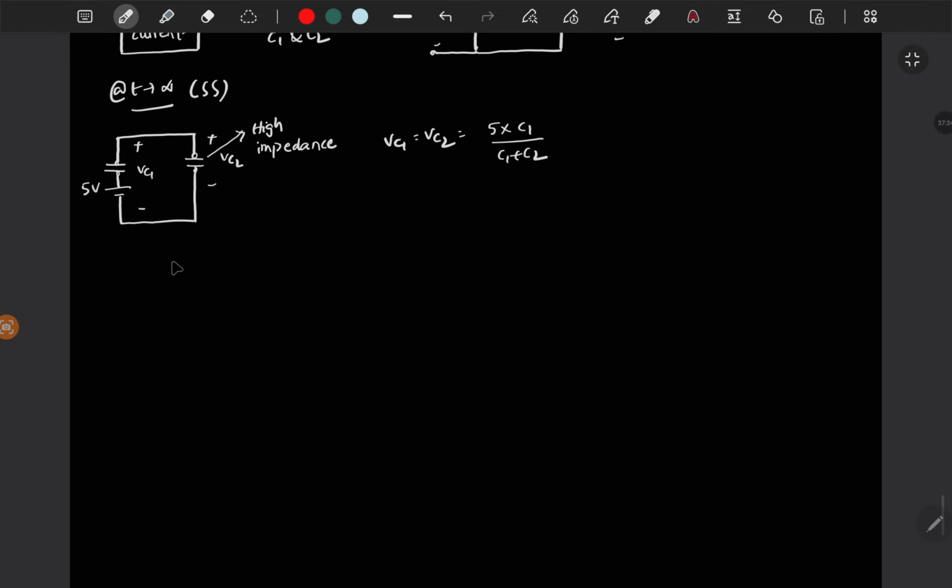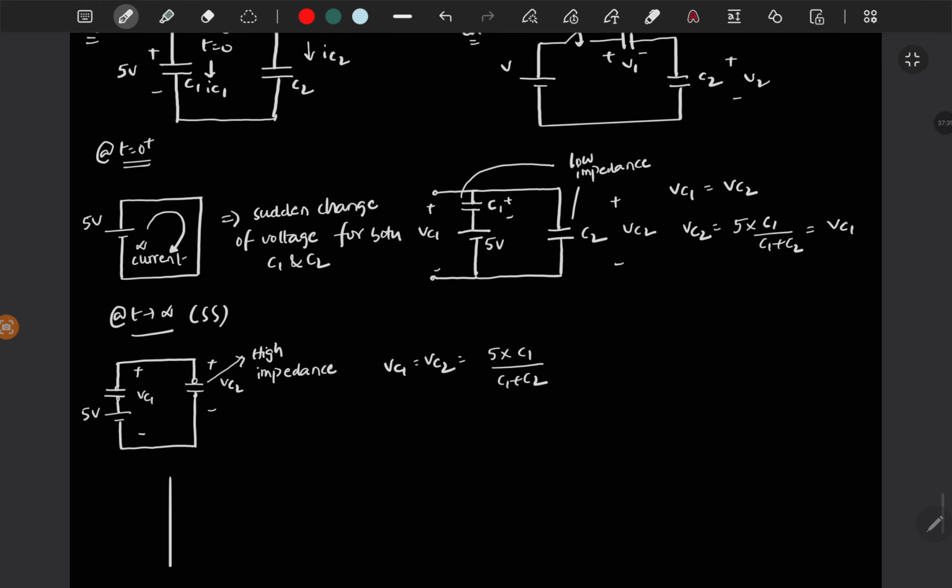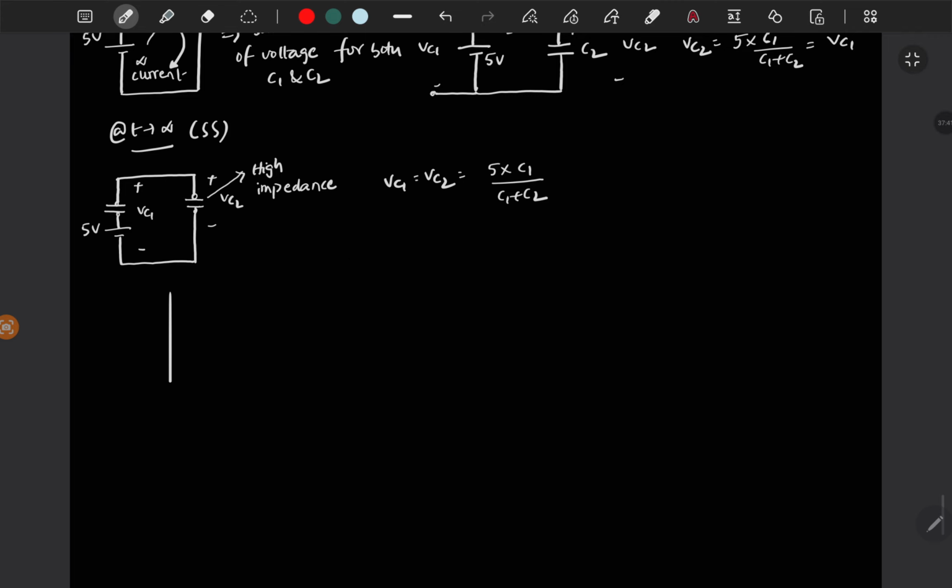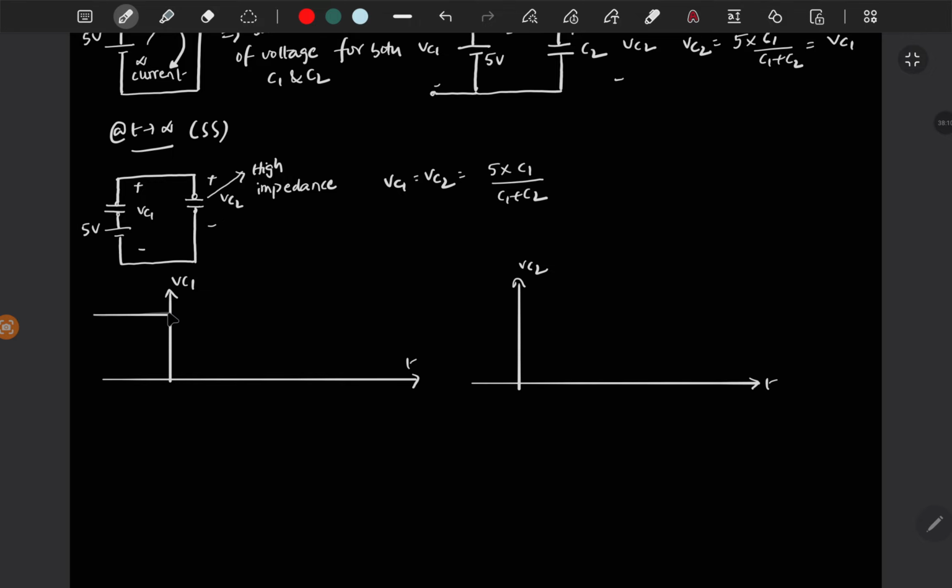It means there is no exponential charging and discharging for both the capacitors. So Vc1, Vc2: initially Vc1 is 5 volt, right?